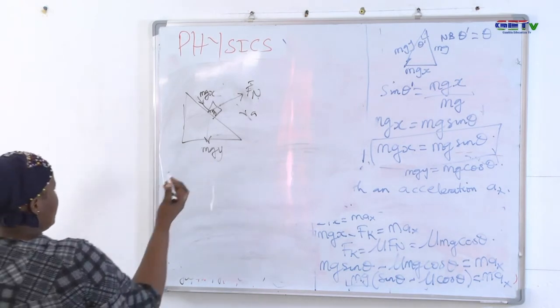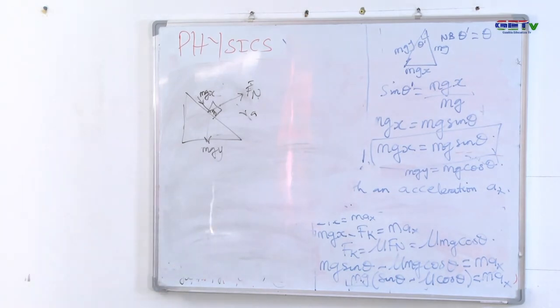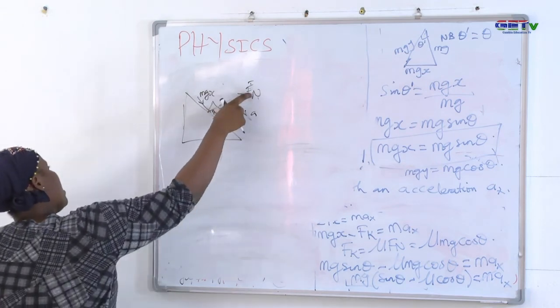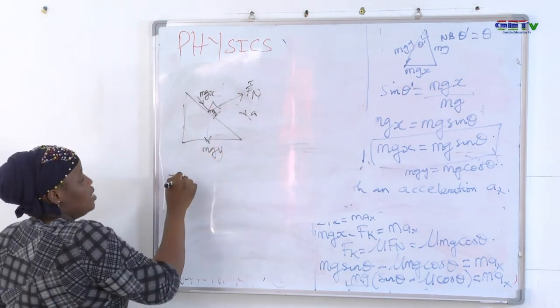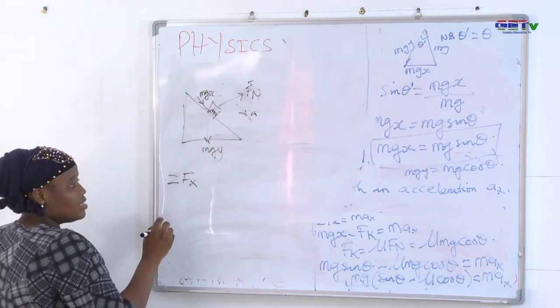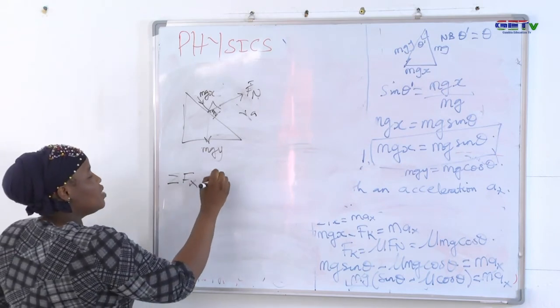What are the forces acting? It's the acceleration that is required. So we don't have any business with the y forces, because acceleration is what is required. The plane is also frictionless, so we don't need anything to do with the y forces. So we go straight and write the sum of F in the x-axis is equivalent to m a of x.